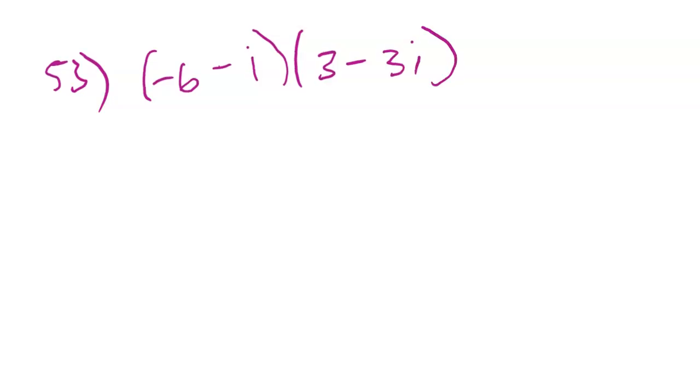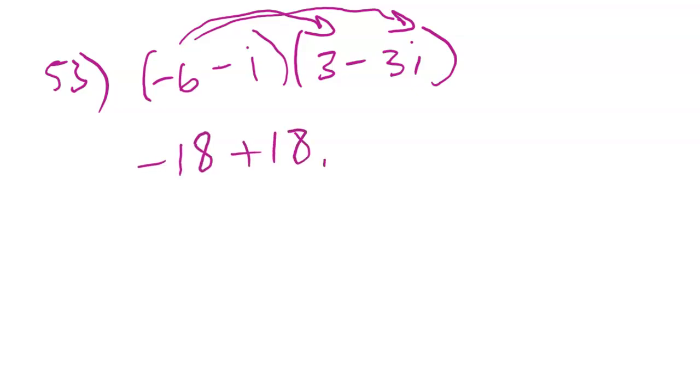53. Okay. So I got -6 minus i times 3 minus 3i, if I did that correctly. I'm going to go ahead and distribute, FOIL, whatever you're comfortable with. This is -18 plus 18i minus 3i plus 3i squared.